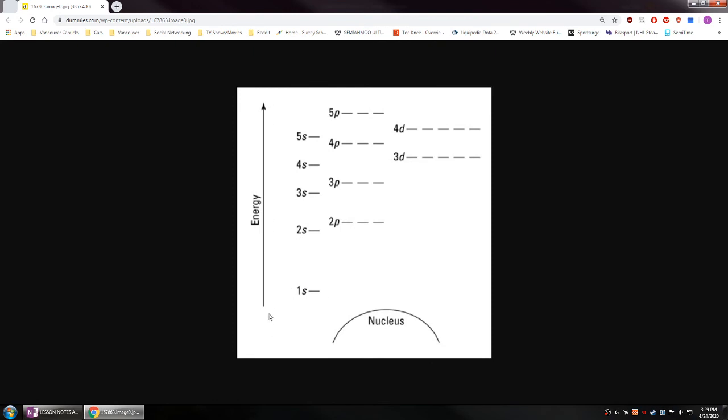If energy increases going this way, you're going to have 1s being the lowest energy level because it is the least energetic, and thus you could put 2 electrons in this 1s orbital. Then you have 2s, so 2 more electrons go here, then 2p, then 3s, 3p, and so forth. This might look really confusing right now, but this scale is actually really helpful when you start filling electrons because it allows you to see where you fill up first. You always go up in order from lowest energy first.